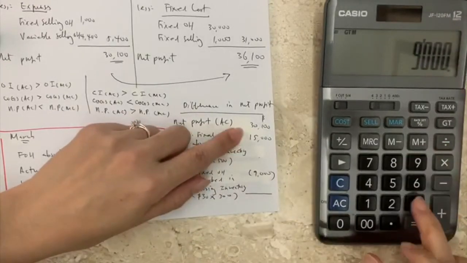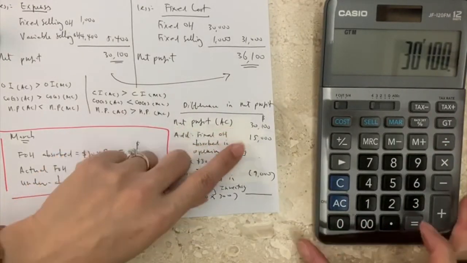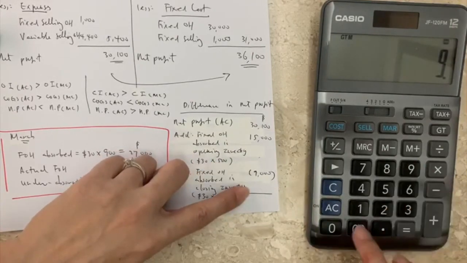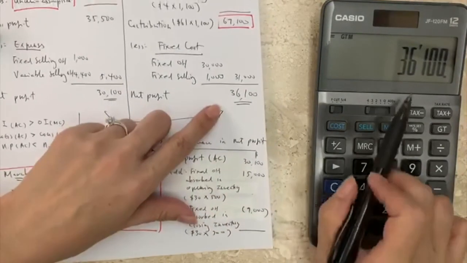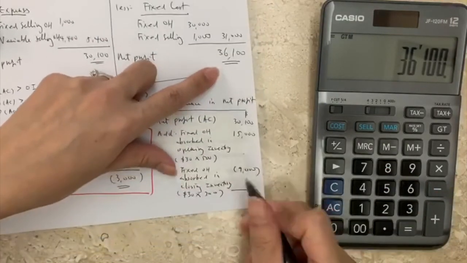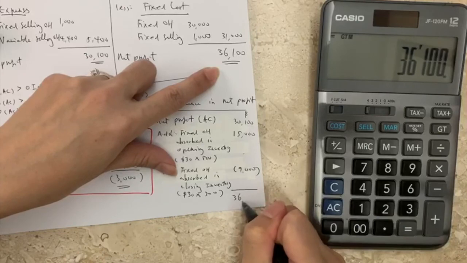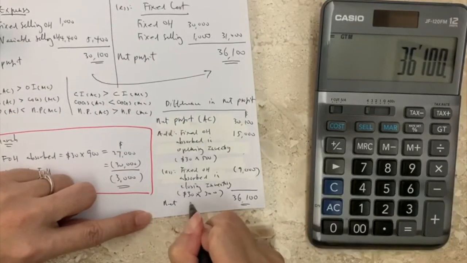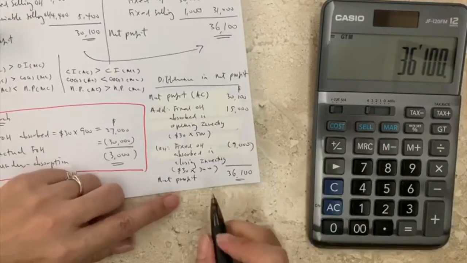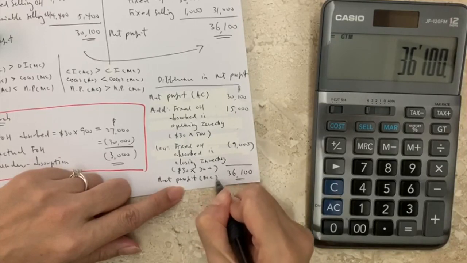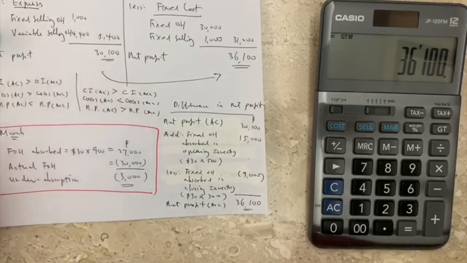So I start with 30,100 plus 15,000 minus 9,000. See? How much is net profit? It is the same as net profit under MC. So this is the reconciliation to show and explain the difference of net profit under AC and MC.